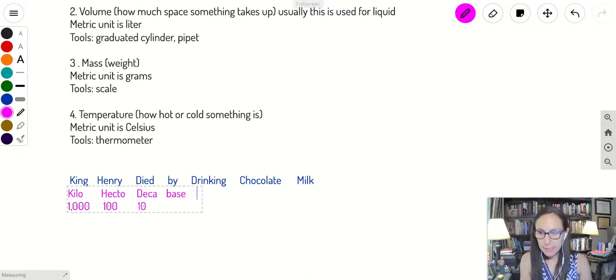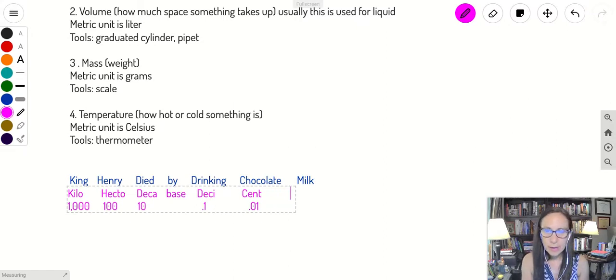Okay, and then the D stands for deci, and deci stands for 0.1. So that's like our 10 cents. And then we have the C, which stands for centi, and centi is 0.01. Okay, so that means 1/100th, like a century.